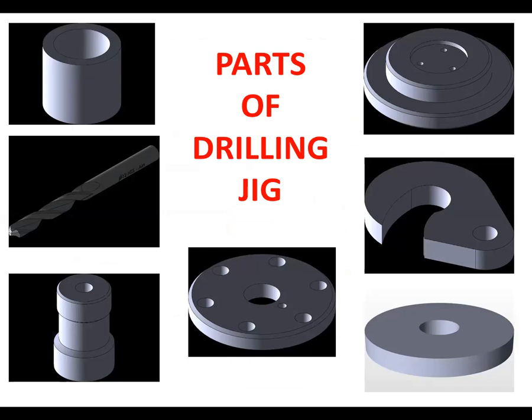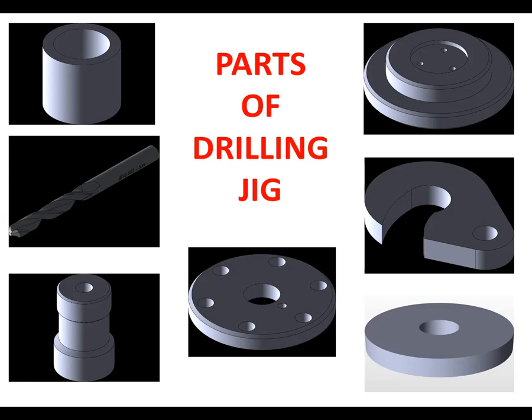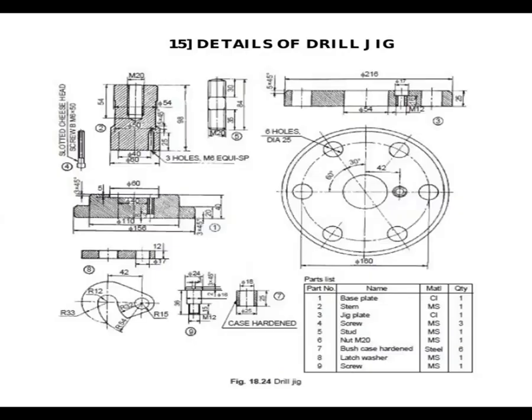Other parts are nut and bolt, which are not shown over here, but we can see easily in this assembly diagram. Nut and bolt are also present over there. Stem plate. Now we know this is the assembly part. These are the different parts of drill jig, and we have to draw this diagram with the help of our knowledge.